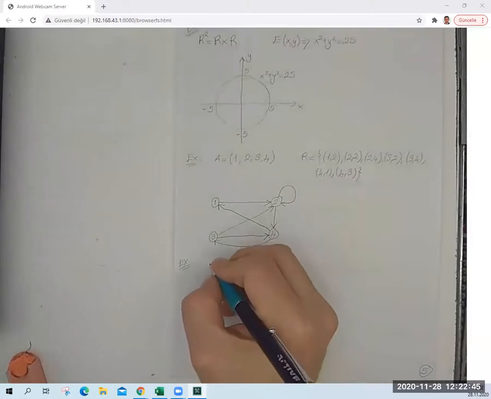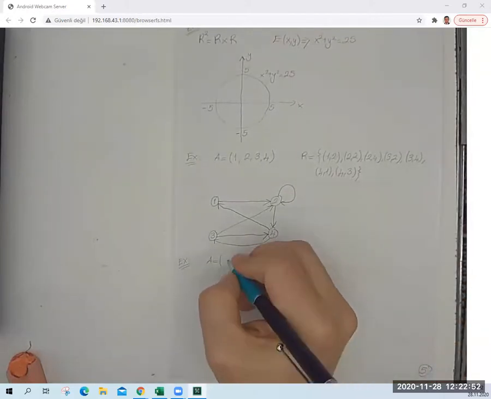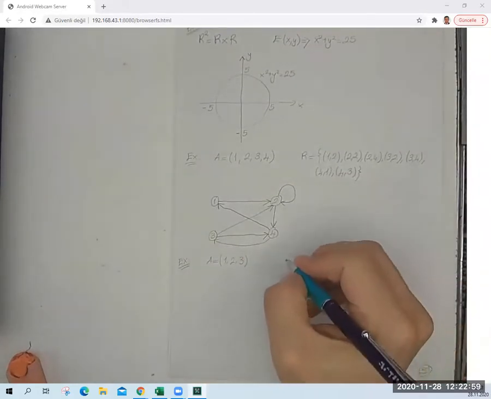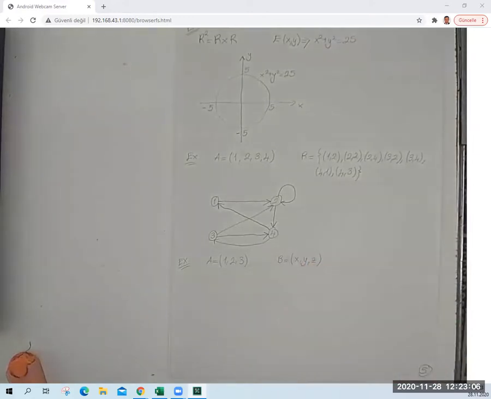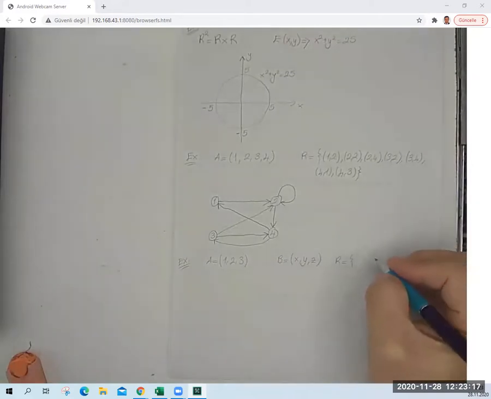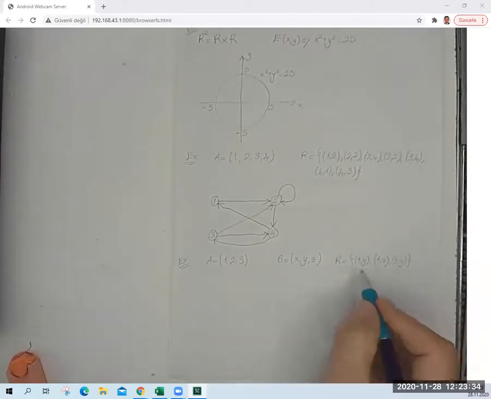Let's say we have as a set A, with members 1, 2, 3, and there is the set B, X, Y, and Z. So let's define the relation R as 1 to Y and 1 to Z and 3 to Y. Is it the previous example? So I define the relation like that.